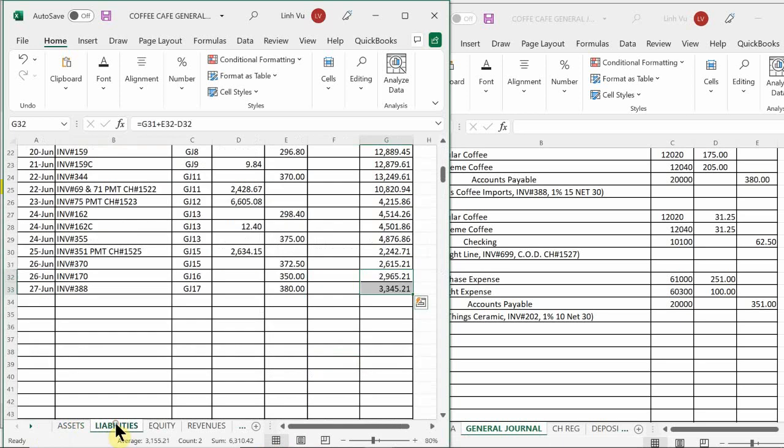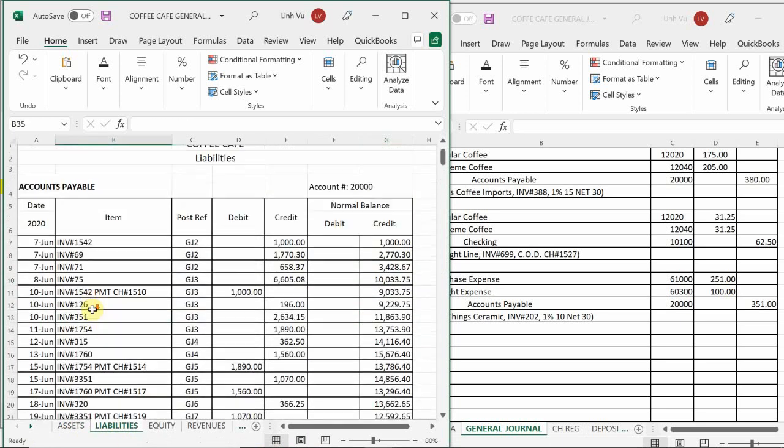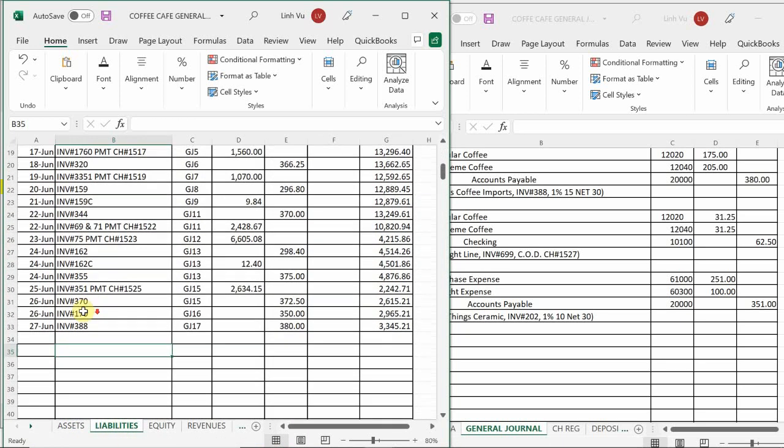All right, last thing that we need to update is our accounts payable again, the 27th. Invoice number 202 for $351.